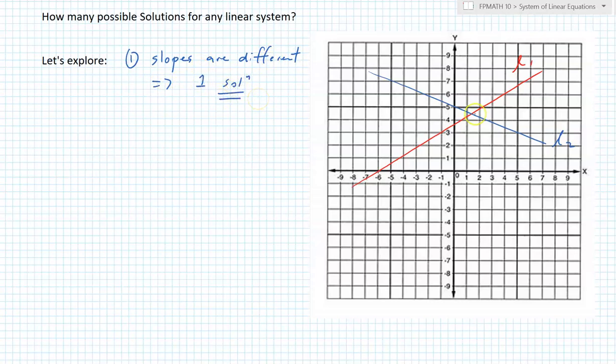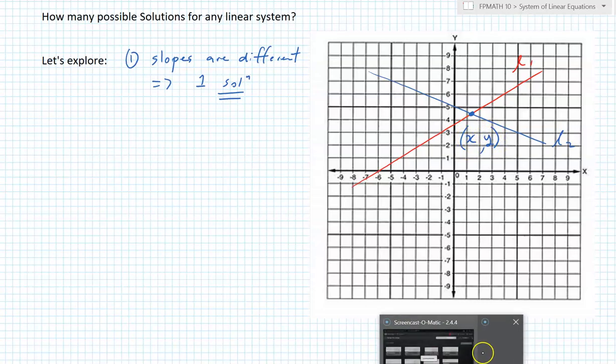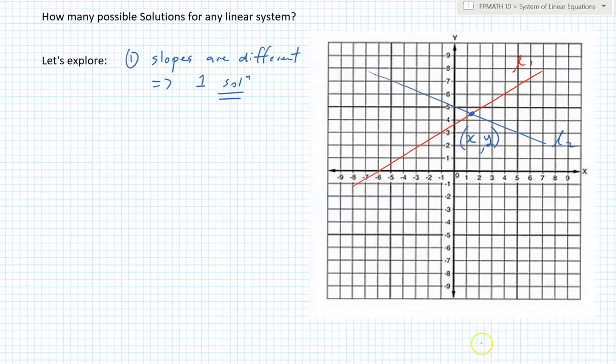For sure, because that's the coordinate where they intersect, and that's the solution to the system. So we got two lines, L1 and L2. So the number of solutions is one when the slopes are different, or they could be perpendicular. That's still considered different slopes when they're perpendicular to each other as well.